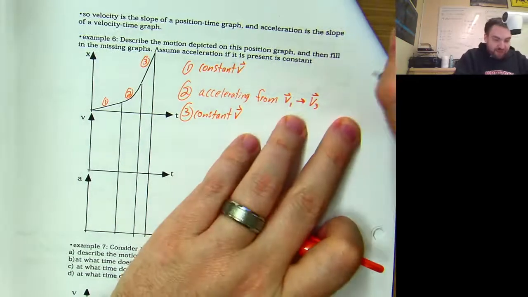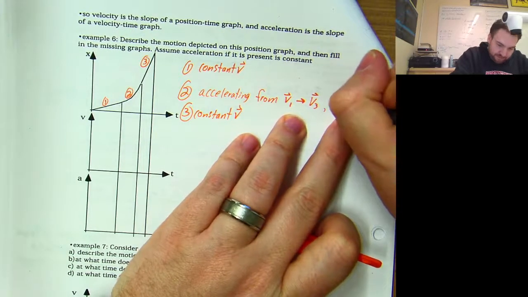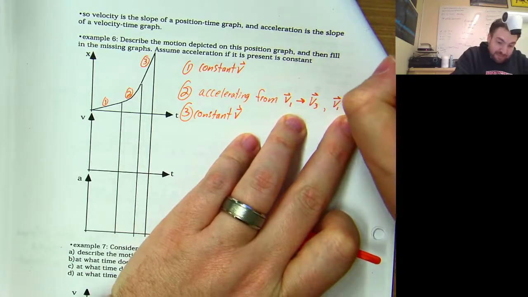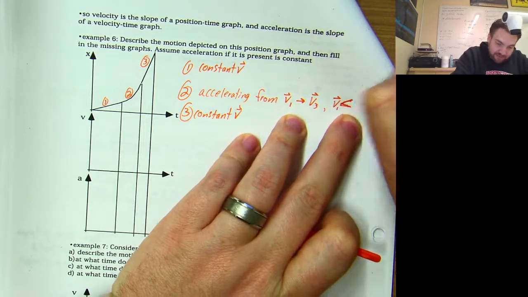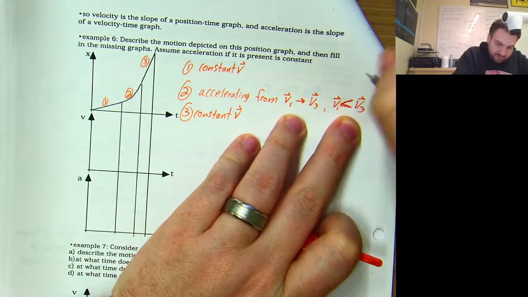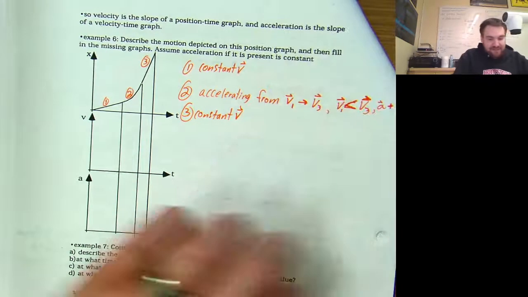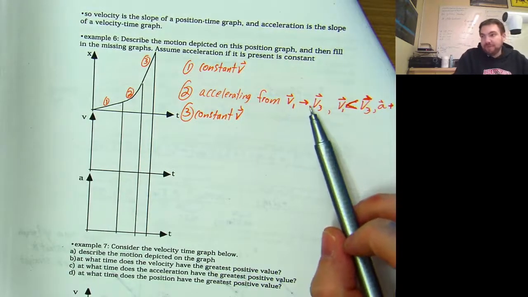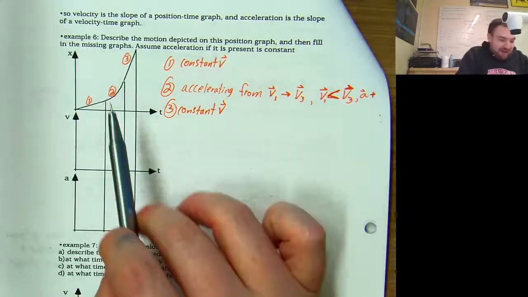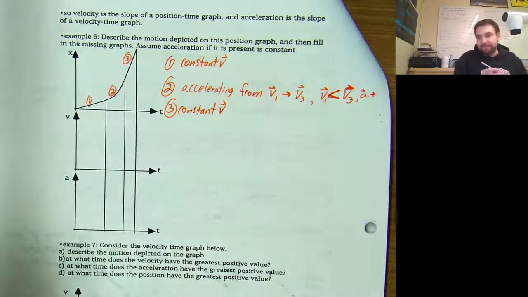Because V1 is less than V3, that means my acceleration has to be positive because it's accelerating from a smaller speed to a bigger speed. And we know that because this line is shallower than that line.